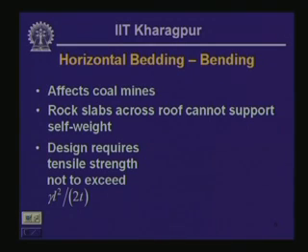This class of problem is quite often encountered in coal mines. What happens because of this is that rock slabs across the roof cannot support their self weight because they want to bend and sag, and the sagging in fact becomes so large that tension cracks develop near the bottom of the slab, and as a result the slab could fail.